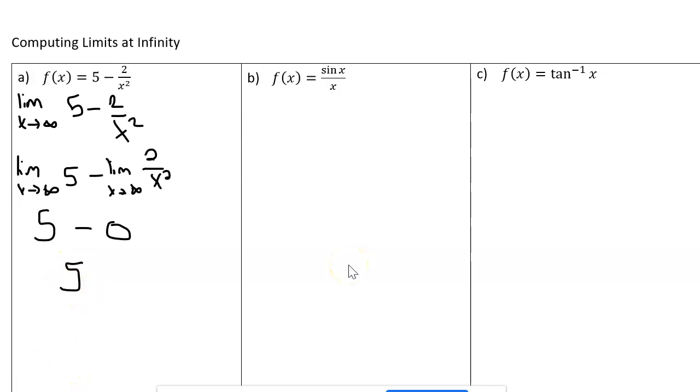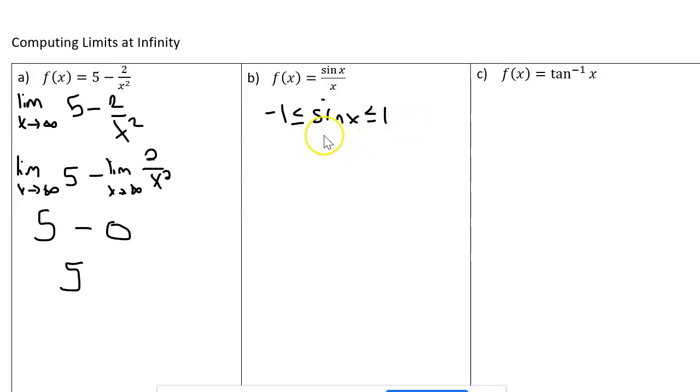For our next example, we have f of x equals sine x over x, and we are going to apply a little squeeze to this. We haven't talked about the squeeze theorem in a while. So sine x is a sinusoidal function that is bounded by the values negative 1 and 1.